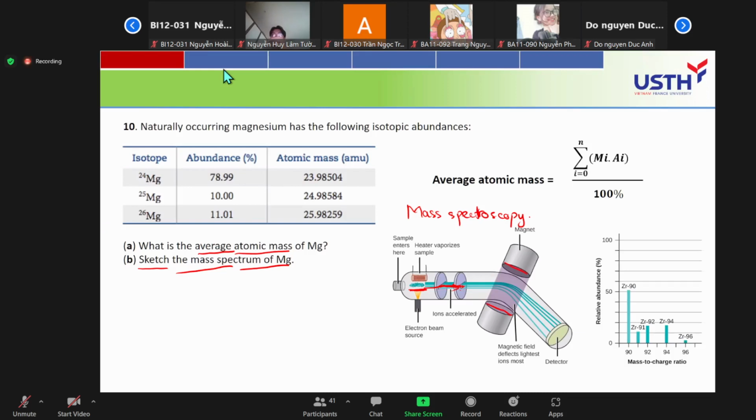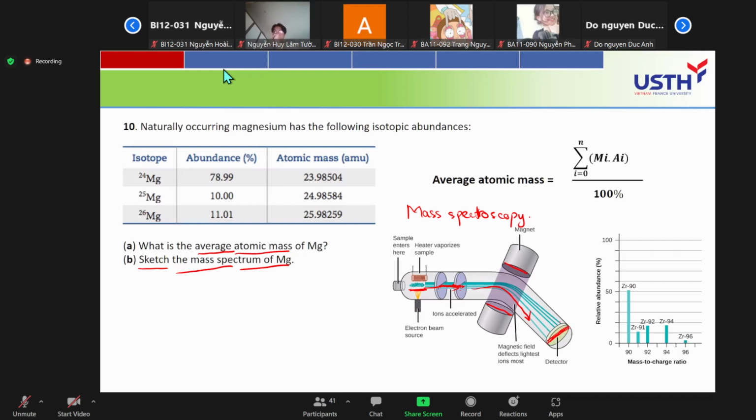Because the ions contain a charge, they will normally be bent when they go through a magnetic field, similar to the first exercise, and after that they will impact the detector here.